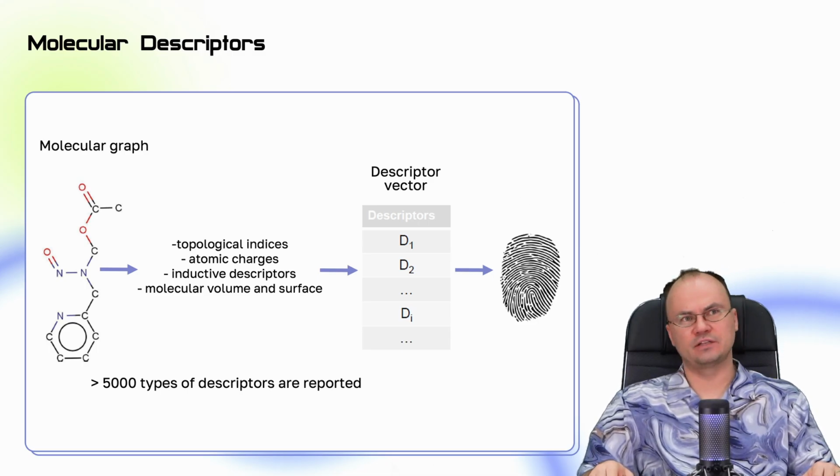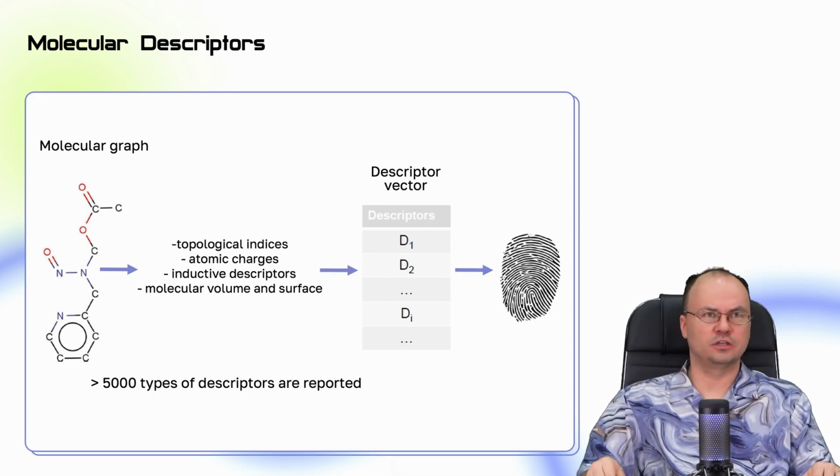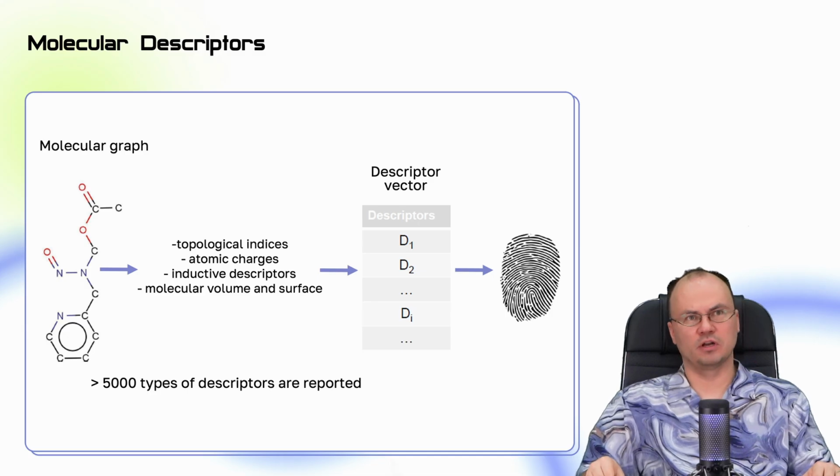On this slide, I would like to give you some examples of different molecular descriptors, such as topological descriptors, atomic charges, inductive descriptors, molecular volume descriptors, and descriptors describing molecular surfaces.